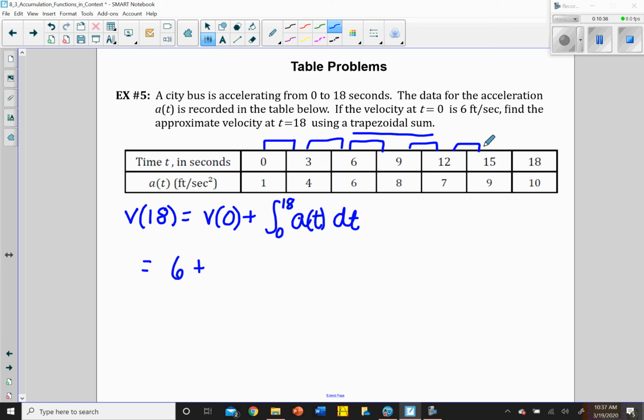12, 15. So we could say, in general, a trapezoid is half of the width of the interval, and then we're going to add the sum of the bases.